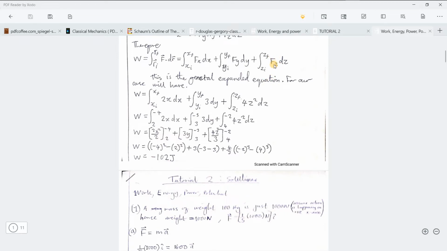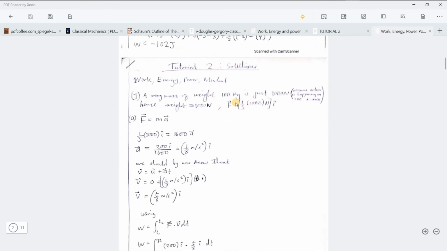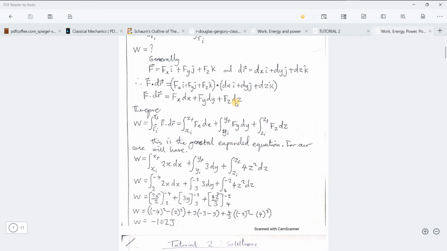So we just pick that component and place it there. Let me just show you. As you can see here, we have 4z squared there, right? Yes, so just pick it and put it there. Now let's look at our limits here.